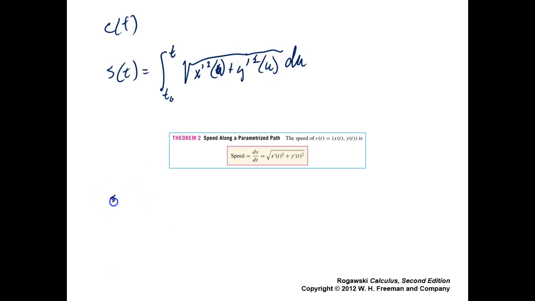So the word speed is ds dt. But S is an integral with respect to t. So basically, the derivative here undoes the integral, so to speak, and leaves you with, well, okay, I'll write it the way they did.